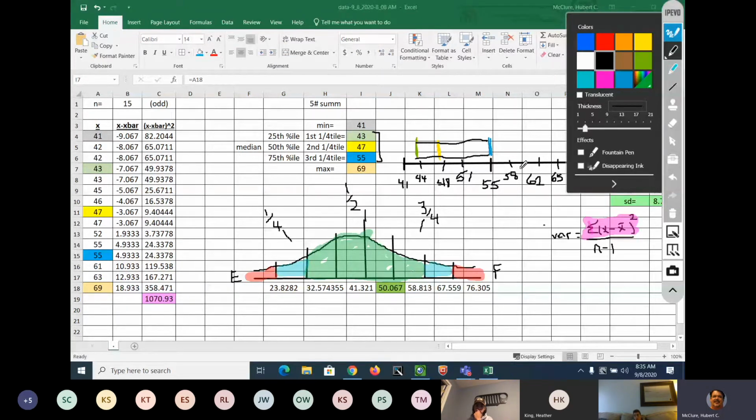There. So you can see that the actual way that your numbers lie is a little bit skewed, what? Skewed right, because your median is way to the left of center, because that's your mid-range.